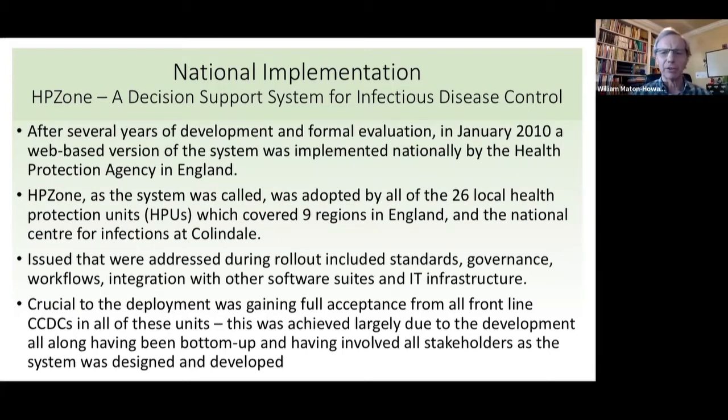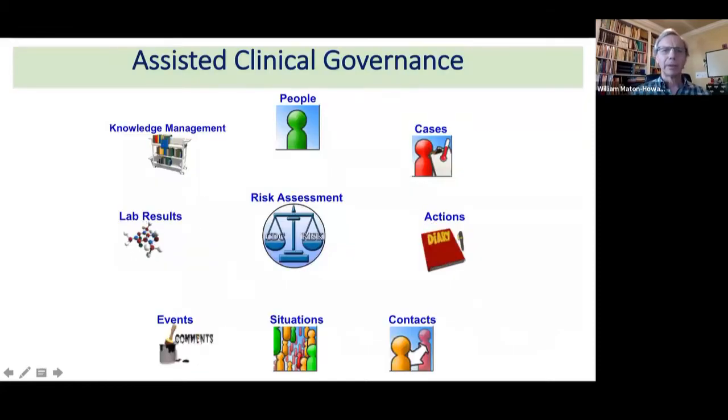And this was achieved largely due to the development all along, having involved all the stakeholders as the system was designed and developed. Now, in this slide, I'm showing a very broad overview of the basis of the way in which this web-based system was operating.